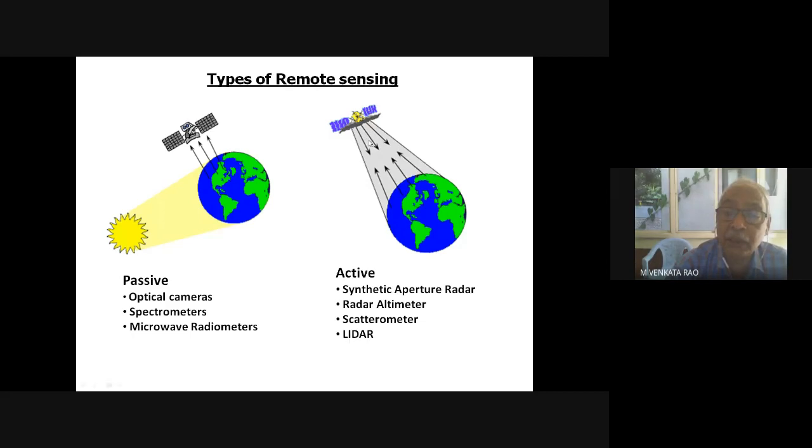Whichever radiation gets scattered in the direction of the satellite, that will be sensed. So basically, it has its own source. It can be a radar, it can be a lidar also. Lidar is laser radar ranging. It sends a laser beam and it is scattered back to the satellite and sensed. So these are all active sensors.